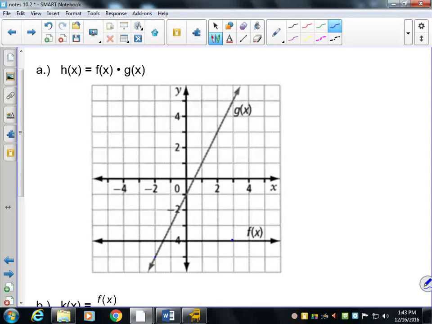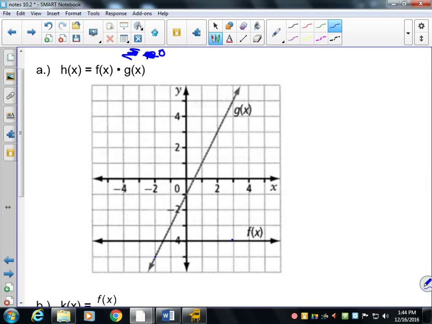So when I look at this, g of x is the diagonal, f of x is this. My f of x is always negative 4, right? So negative 4 times negative 5, positive 20. I can't even draw that, can I? This is really bad. But this is plus 20 up here at this point. Okay, so it really won't help us right now.